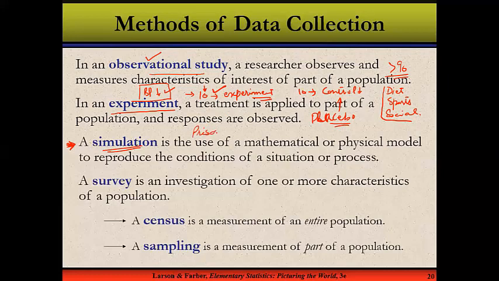You can go on YouTube and observe this, you can read about it, and this was a simulation where they put people in prison and made some of the people prison guards to know how people actually behave in prison. So that was a real life simulation.